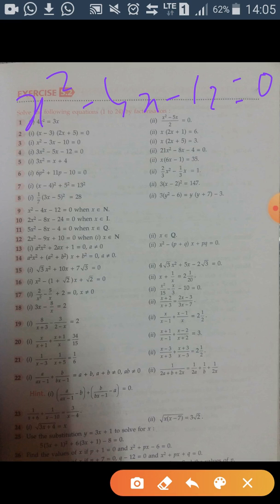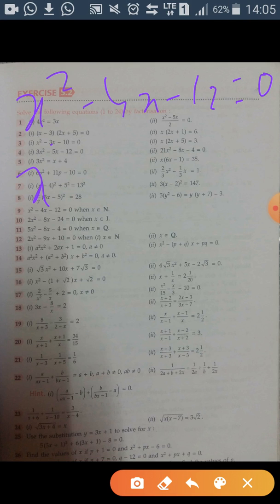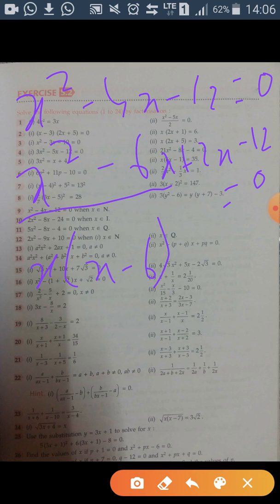x square minus 4x minus 12 can be written as x square minus 6x plus 2x minus 12 is equal to 0. From the first two, what can you take common? You can take x common: x into x minus 6.